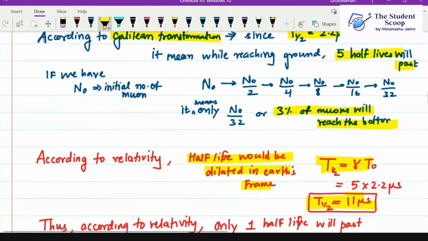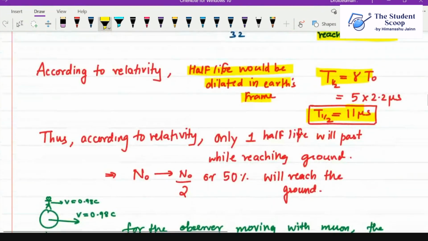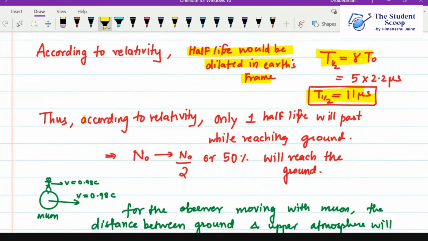When we get the dilated half-life as 11 microseconds, it means that according to relativity only one half-life will pass while reaching the ground, and the number will be 50% of the original amount. So according to relativity, more muons should reach the ground, and that is exactly what we found.